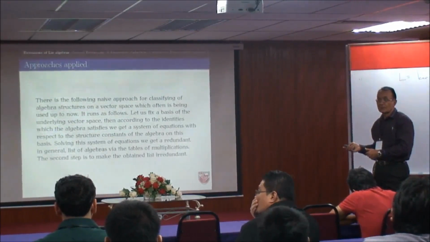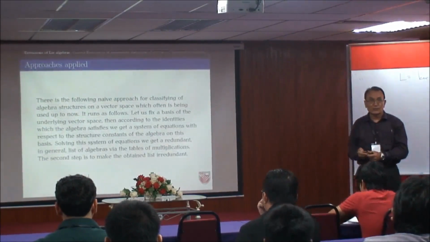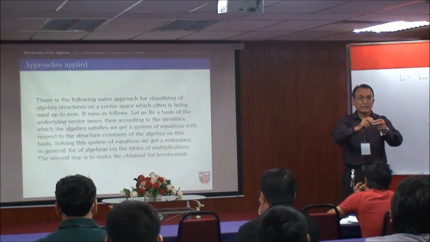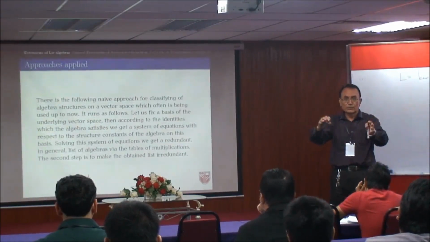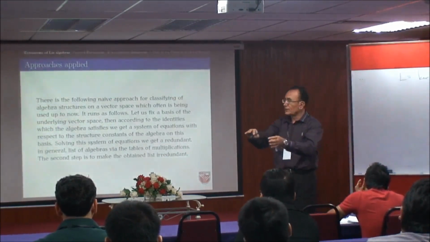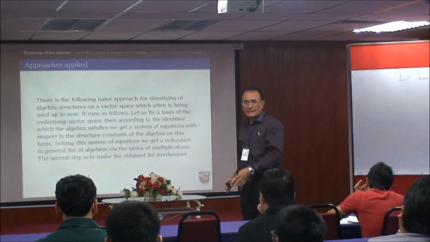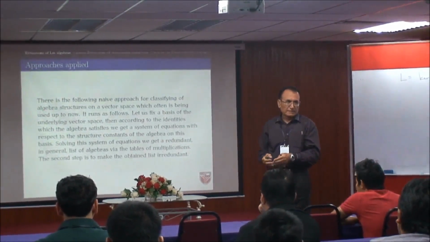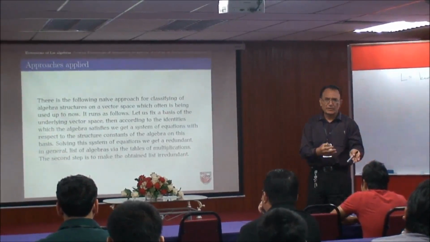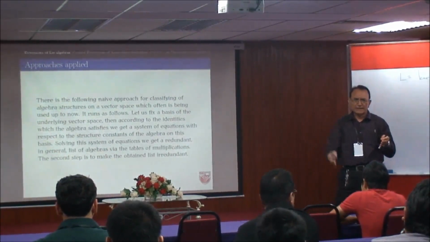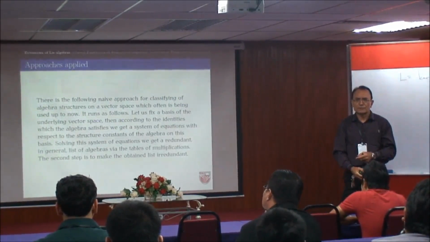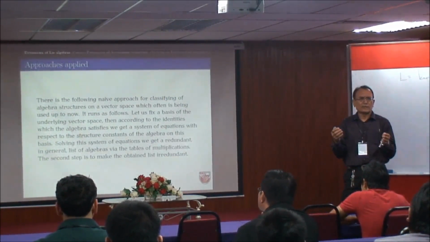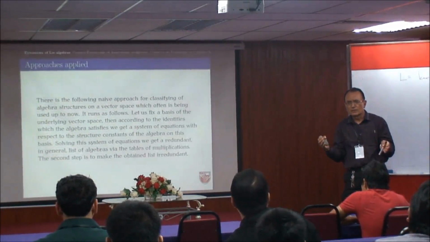Before that, what the researchers did for classification was to take the so-called structural constants with a fixed basis, put those structural constants into the identities, solve a system of equations, find the list of algebras, and then find among them which algebras are isomorphic to each other. That process is very difficult.